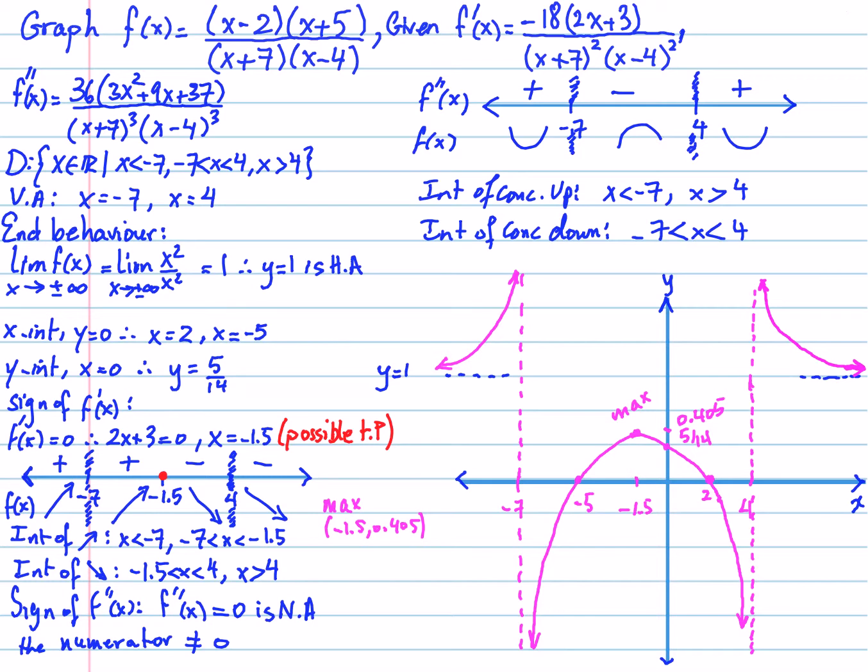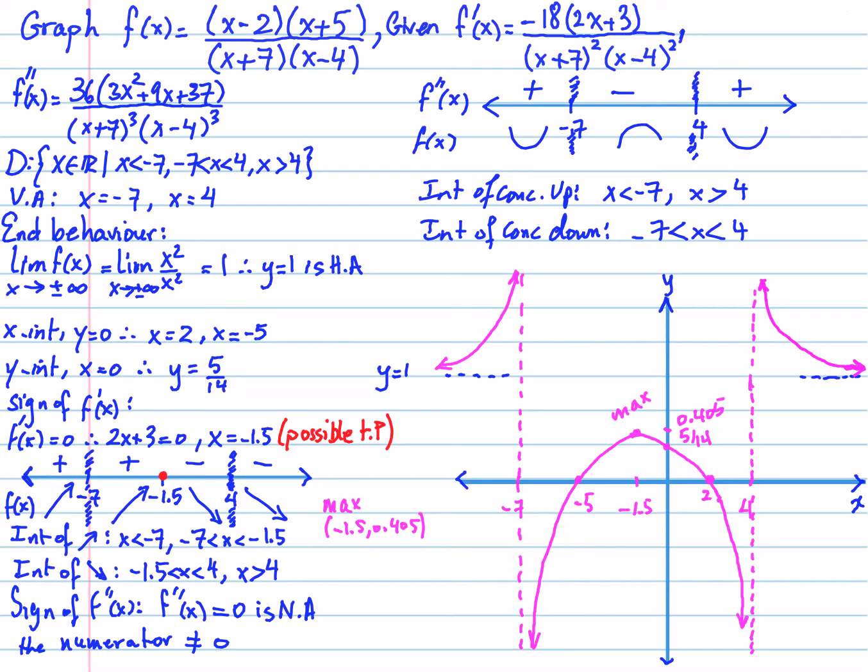For the numerator 2x plus 3, any value less than negative 1.5, which is the root of 2x plus 3, thinking that 2x plus 3 is a line, any value of x less than negative 1.5 means that since that line has a positive slope, the line is increasing, and therefore before the root, the function 2x plus 3 is negative.